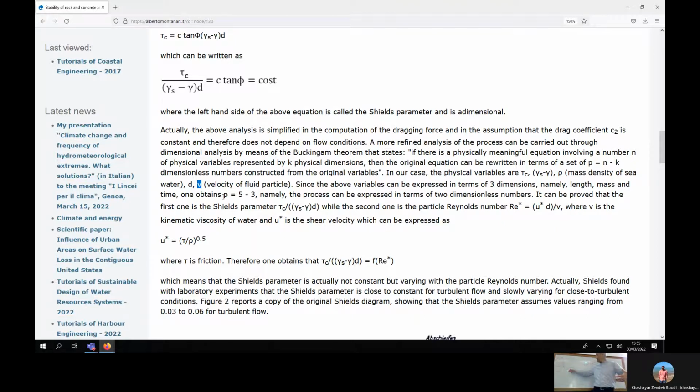But then this is called the transition phase. Then for fully developed turbulence, you get a constant value. Now, if we make the assumption that we are working under full turbulence, which is an assumption that is reasonable in our conditions, we can indeed assume that the shear number is constant.